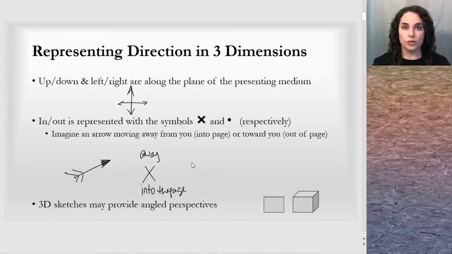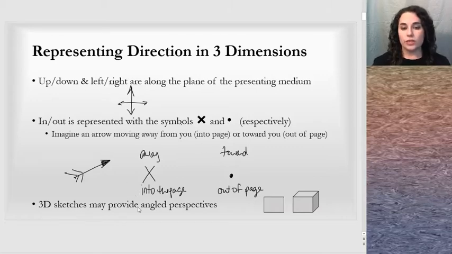As opposed to when the arrow is coming towards me, I see the head of the arrow, which looks like a dot, and we call that out of the page. So now we can represent the 3 dimensions of a coordinate system with symbols.